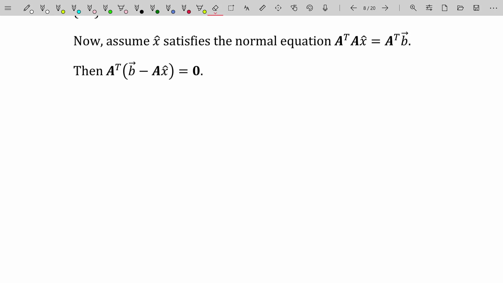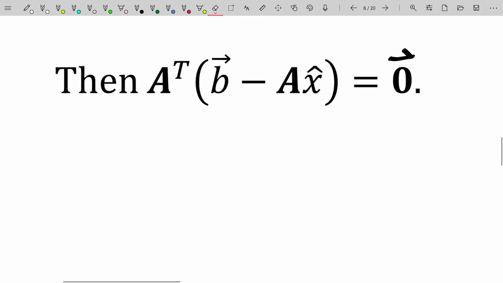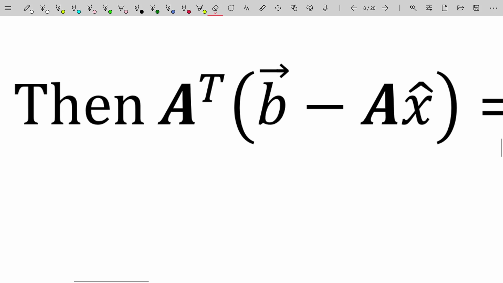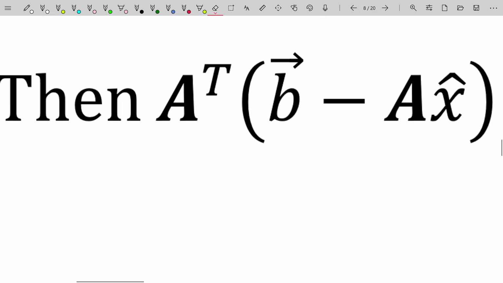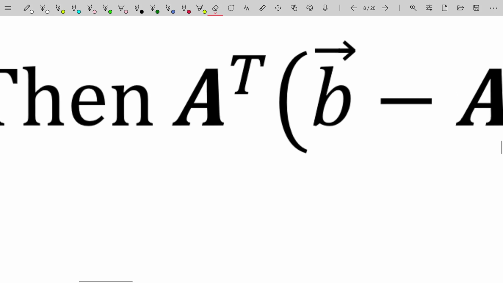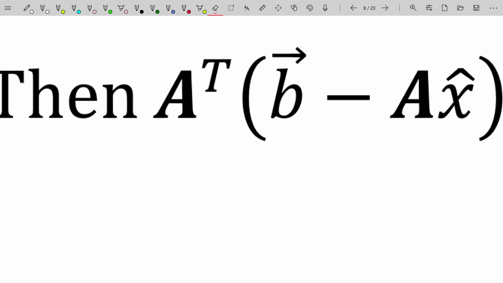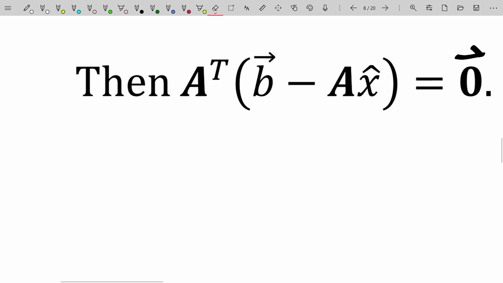And again, as I mentioned previously, this should be a vector on the right-hand side, but we've also mentioned something before. A transpose times this vector always being the zero vector means that all the rows of A transpose are orthogonal to the vector B minus AX hat. And that's what we're going to state right here.